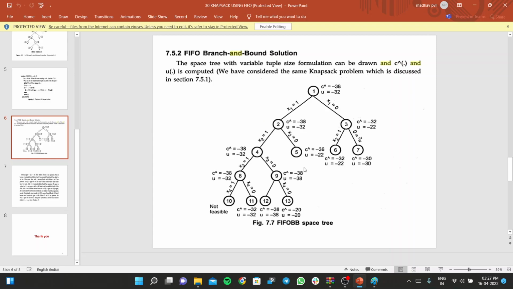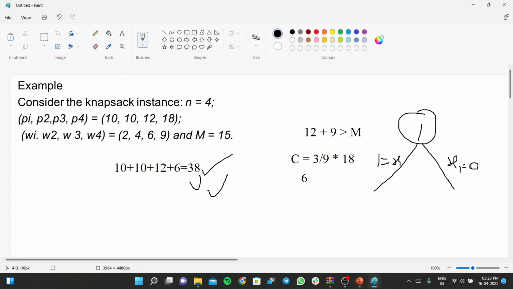Most of the values we get are like minus 38 and minus 32 only, whenever we are decreasing towards this side. If you are not considering some of the values, then the values may get decreased. That is when we need to perform calculations, like without considering x2, that is weight 2 p2.